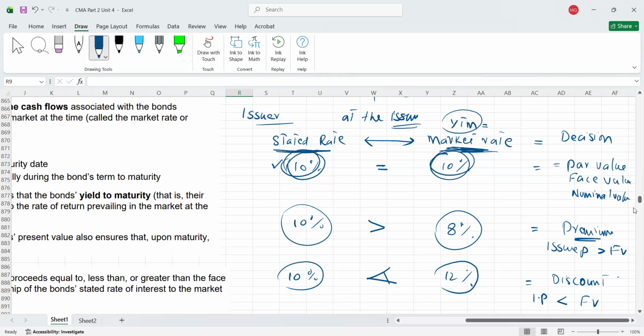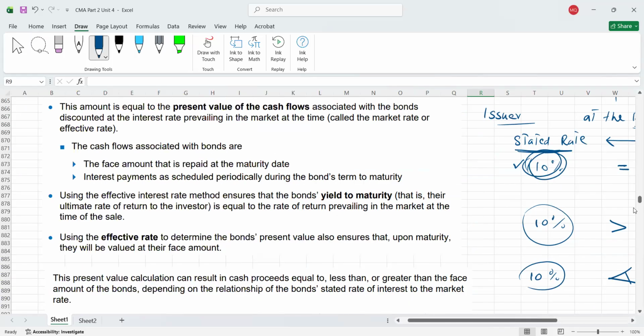This method, when we compare the stated rate with the market rate, is also called the effective interest method. We will use it to calculate values, like the amount of premium or discount. How we will do that I will explain, don't worry.